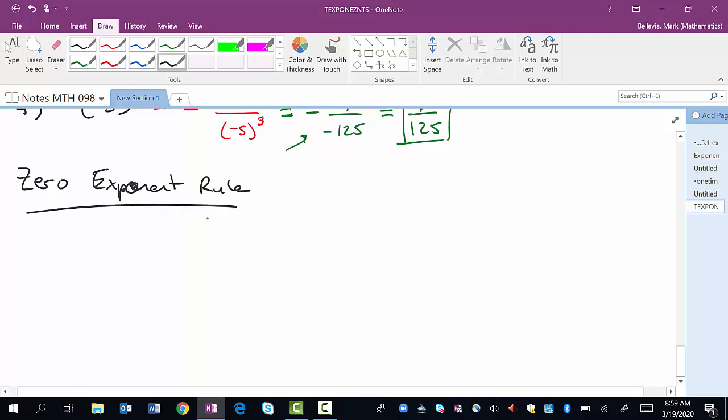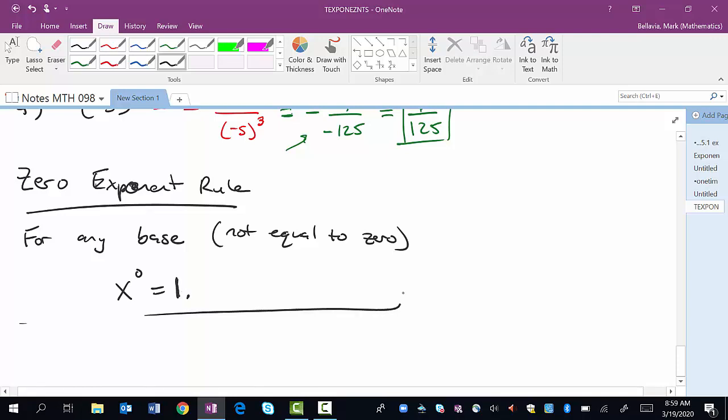The zero exponent rule says for any base, and it's really any base not equal to 0, x to the 0 power equals 1. So that's the zero exponent rule.